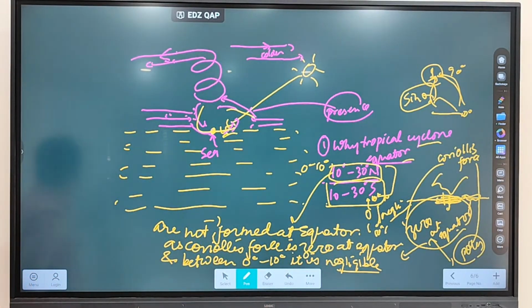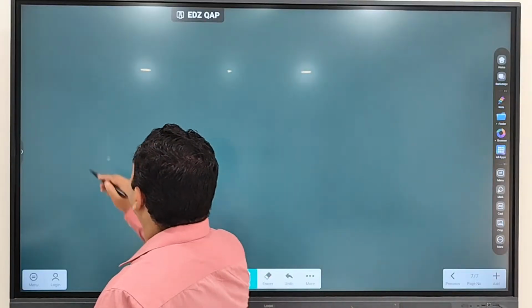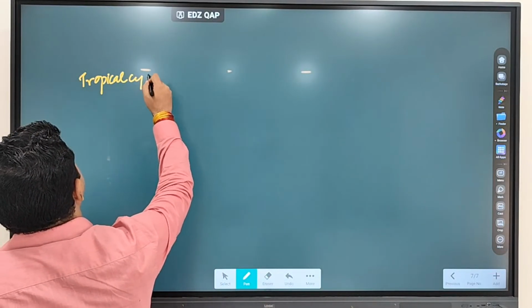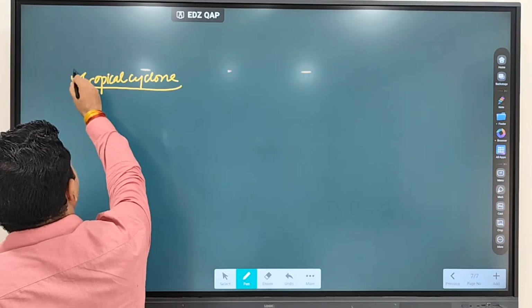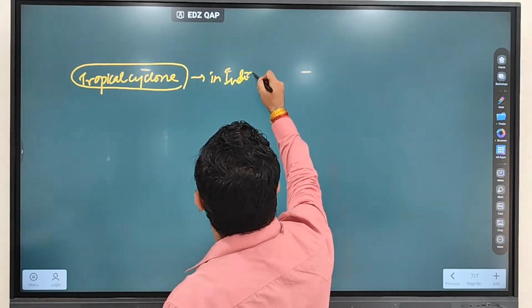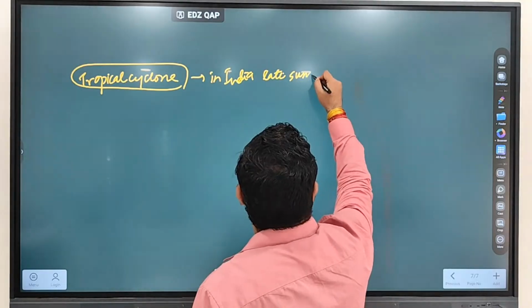Now another important thing: the tropical cyclones in India are generally seen in late summers.